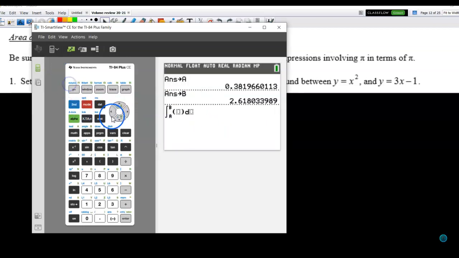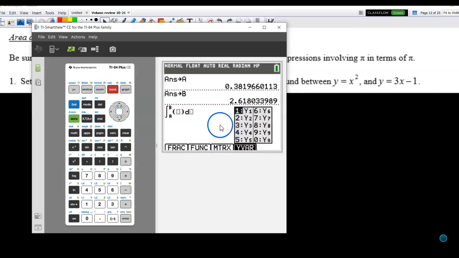All right, so I'm going to go into the integrand argument, and I'm going to call up Y2 and Y1. I'm not going to use my shortcuts. I'm going to do it the longer way for the folks who have the older model calculators. If you have shortcuts, you would just do alpha F4, and you can bring up your Y2 and Y1.